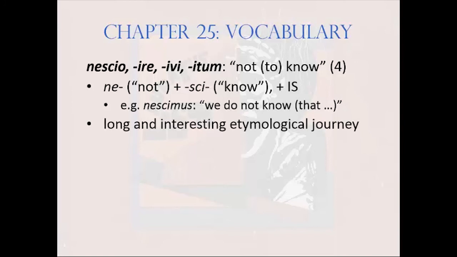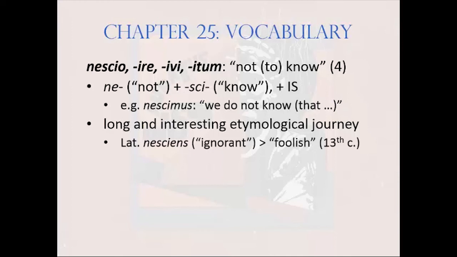After the classical age, as Latin began changing into modern languages, this word embarked upon a fascinating etymological journey. Starting as nesciens in Latin, meaning not knowing, ignorant, by the 13th century it had taken on the sense foolish. By the 14th century it had adopted a sexual connotation, wanton, which mellowed to coy by the 15th century.